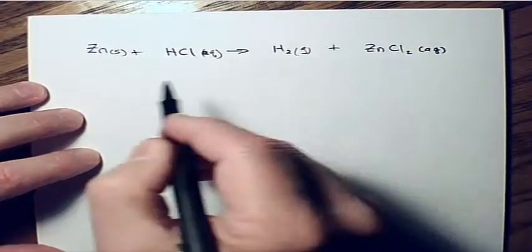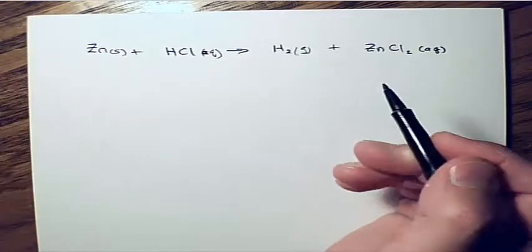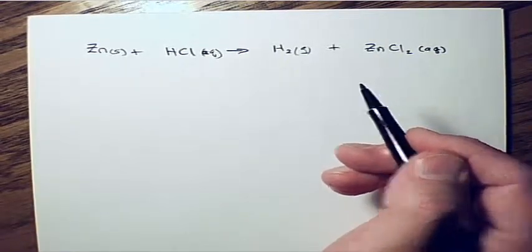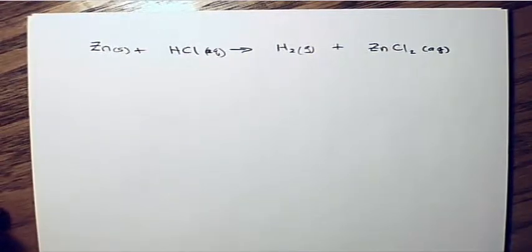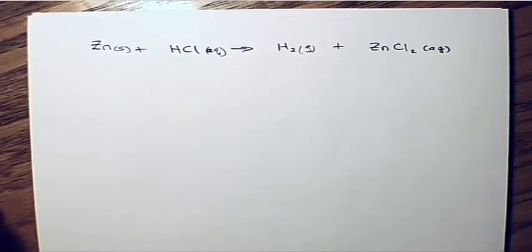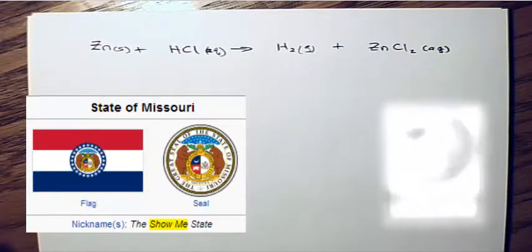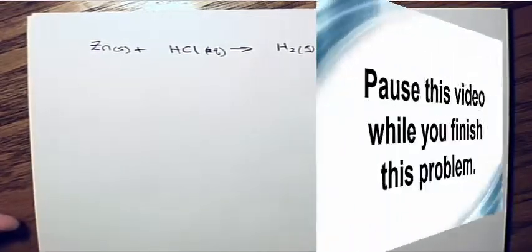Okay, can you balance the equation? Stoichiometry requires that you have balanced equations. But in here, you can't just say it's done. You've got to show me, because I'm from Missouri. And you show me using atom inventories. Please do that.